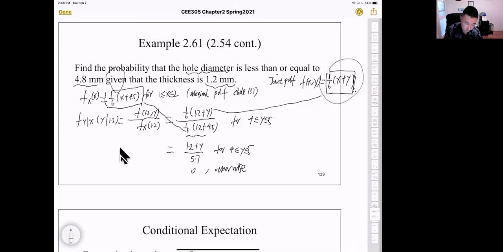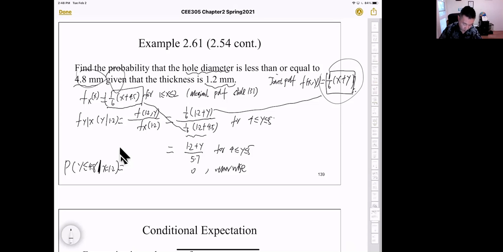Then go back to what the question is asking: the probability of Y less than or equal to 4.8, given, the straight line means given, X is equal to 1.2.